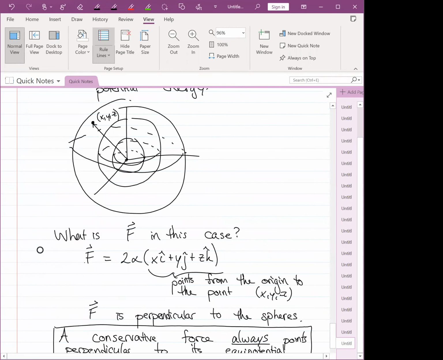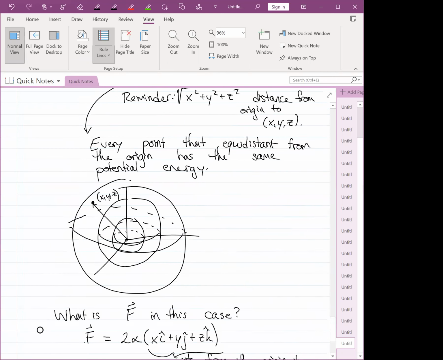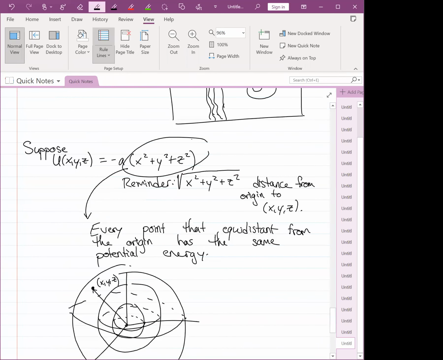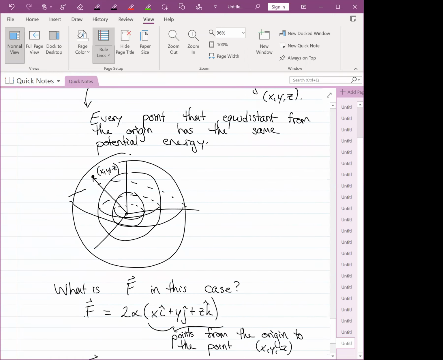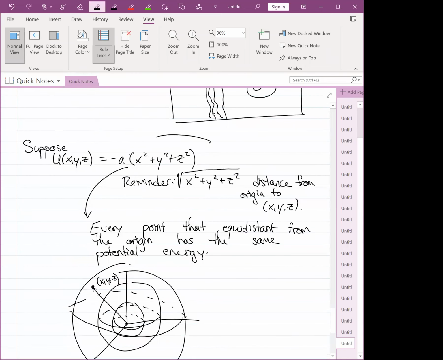The potential energy near the origin is when x squared plus y squared plus z squared is smaller, and the negative of that is a small negative number. The force pointing away from the origin points towards further spheres, so it points from small values of x squared plus y squared plus z squared to large values.